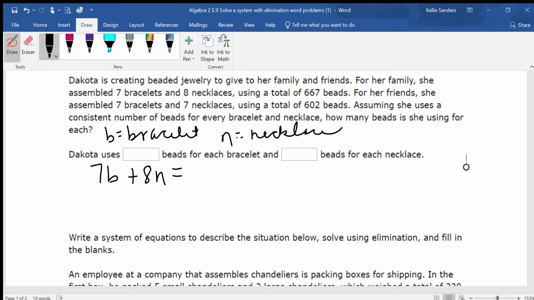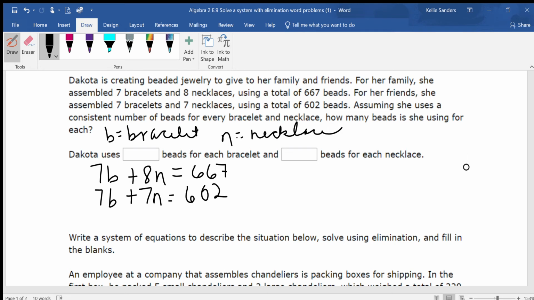B is how many beads she uses for the bracelet, and N is how many beads she used for the necklaces. And she used 667 beads to make that many bracelets and necklaces in one go. For her friends, she assembled 7 bracelets and 7 necklaces and used 602.